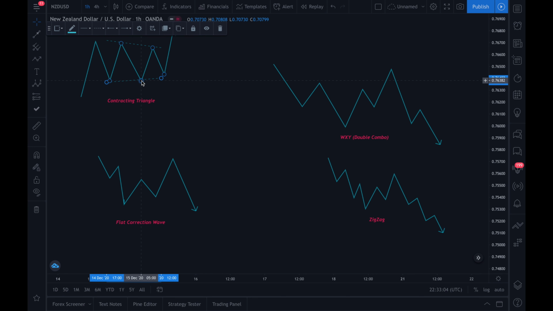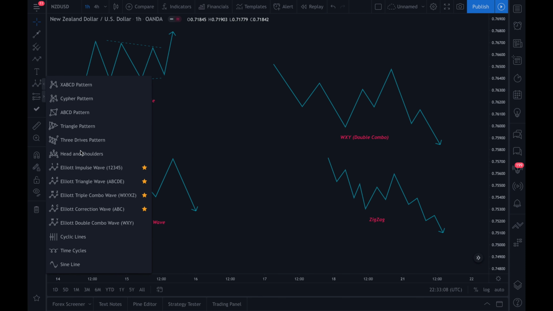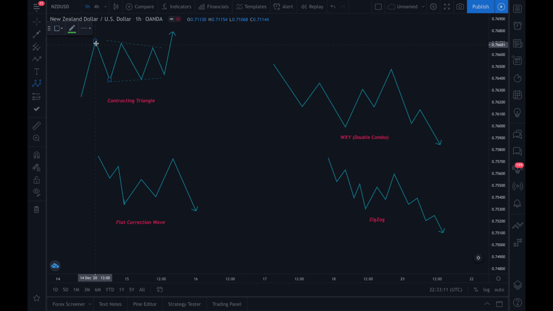This is what we call a contracting triangle. And how do we use this? Well, we've seen this impulse up, so that's typically our fourth wave complete, and then we have this A, B, C, D, E wave complete. Once we break, that's where we take our long for our fifth wave.